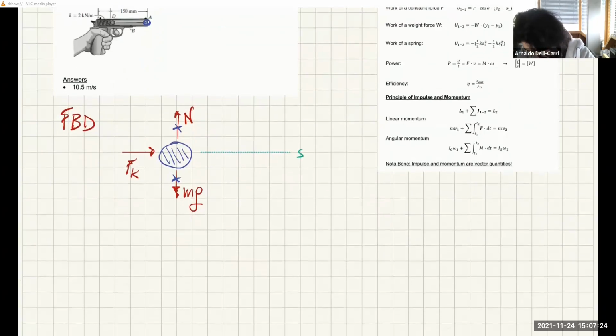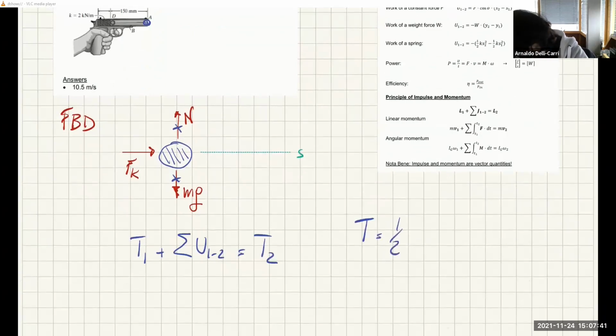So let's apply the principle of work and energy itself. It's T1 plus the sum of all the work done between instants 1 and 2 equals the kinetic energy at instant 2. Remember, the kinetic energy is defined as half the mass times the velocity squared.